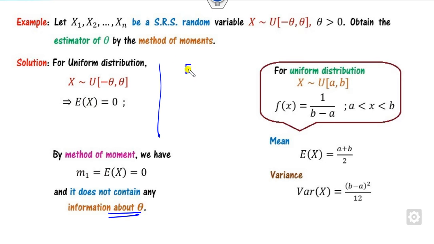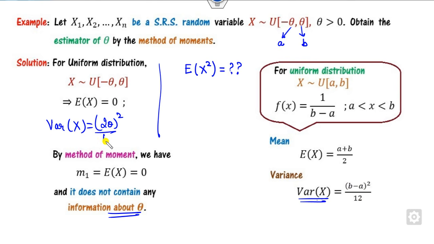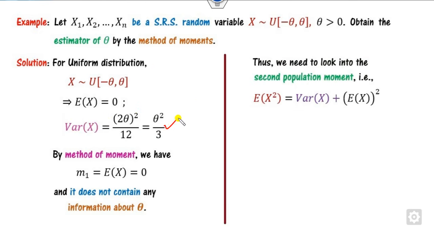Once it is of no use for us, then we will try to find the E of x square. How do you find the E of x square? We can use this variance formula. What is the variance of x? b minus a, what is that? This is nothing but my b. This is my a. So b minus a whole square over 12. So what is the answer of this? This is nothing but my 3. So variance is my theta square upon 3.